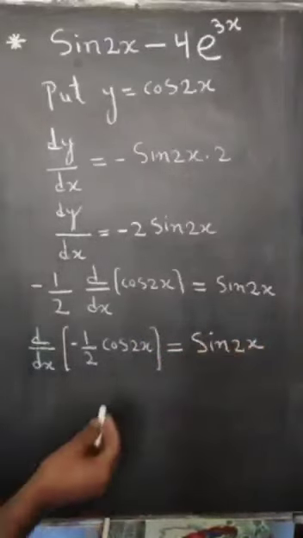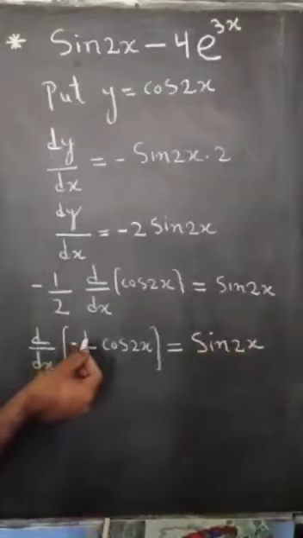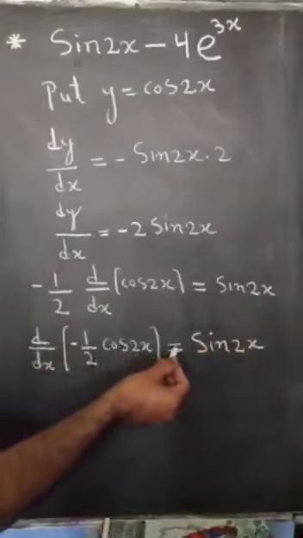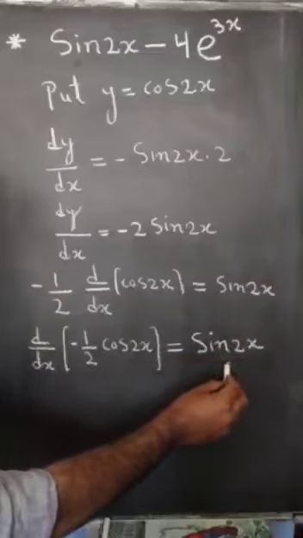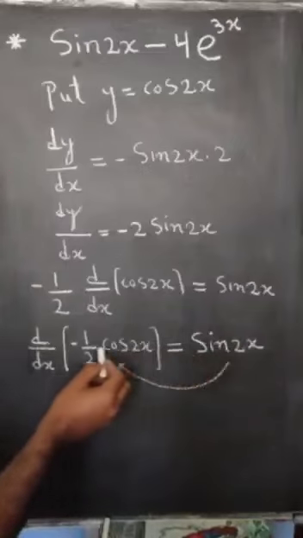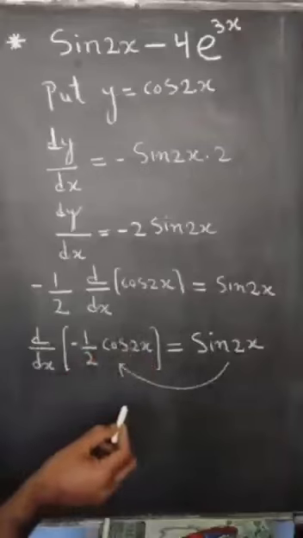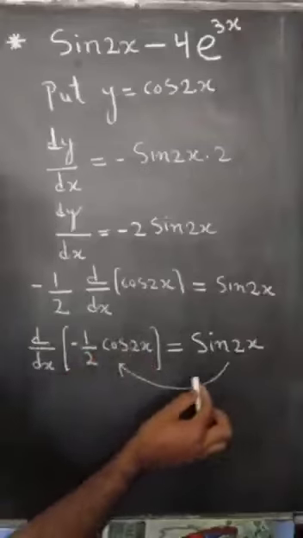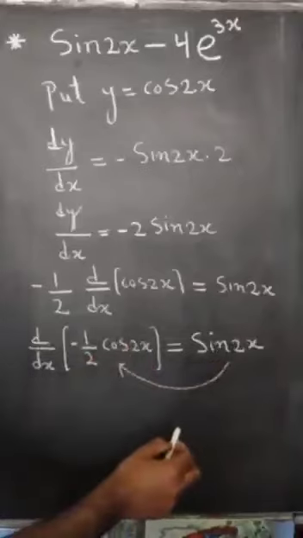Now since from this it is clear that differentiation of minus 1 by 2 cos of 2x is equal to sine of 2x, that means the antiderivative of sine of 2x is equal to minus 1 by 2 times cos of 2x. Okay, so in this way we get the antiderivative of sine of 2x.